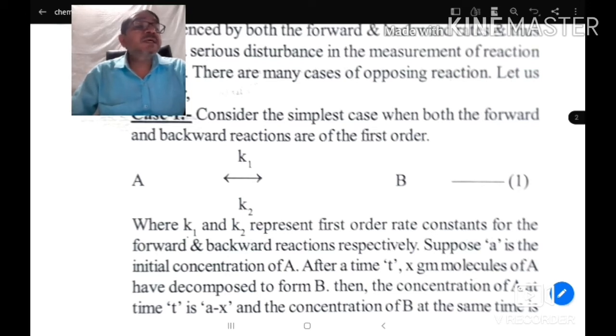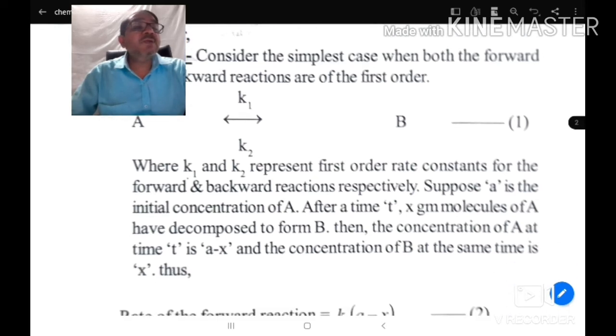Let us consider this as equation number 1, where K1 and K2 represent first order rate constants for the forward and backward reactions respectively.